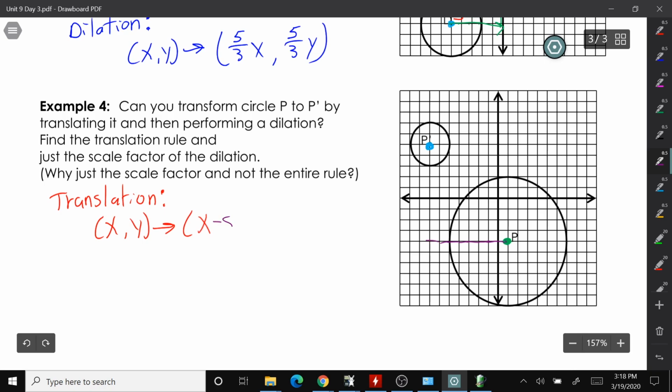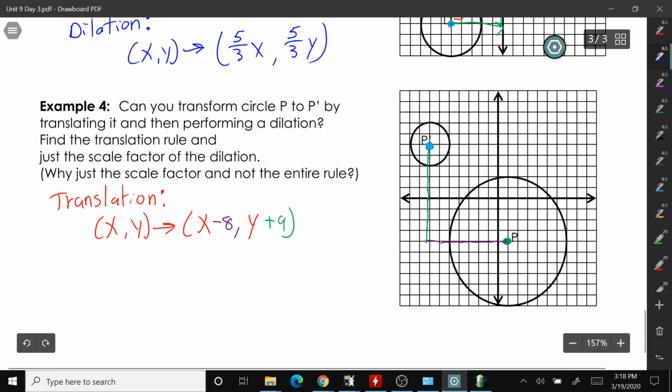So it's x minus 8, comma y, and we are going up 1, 2, 3, 4, 5, 6, 7, 8, 9. Y plus 9. So that is our translation rule.